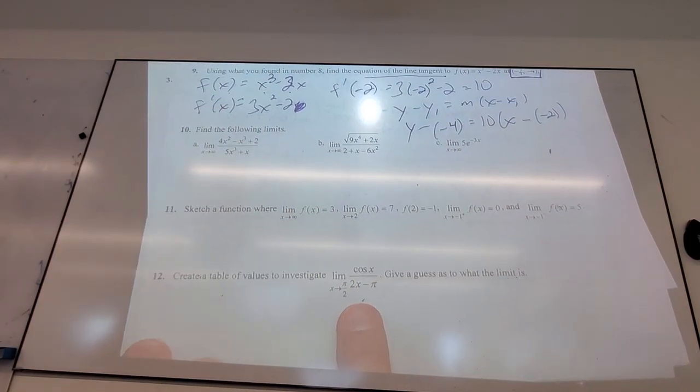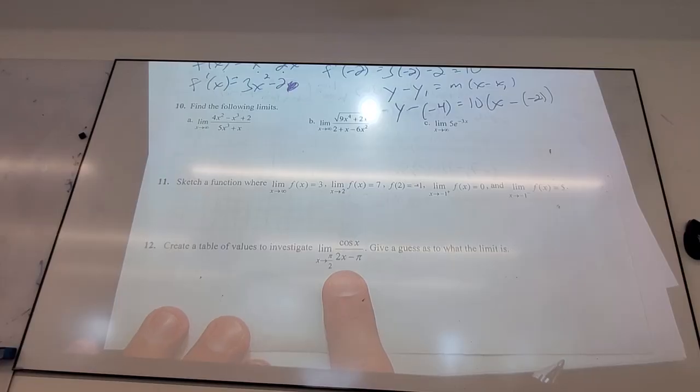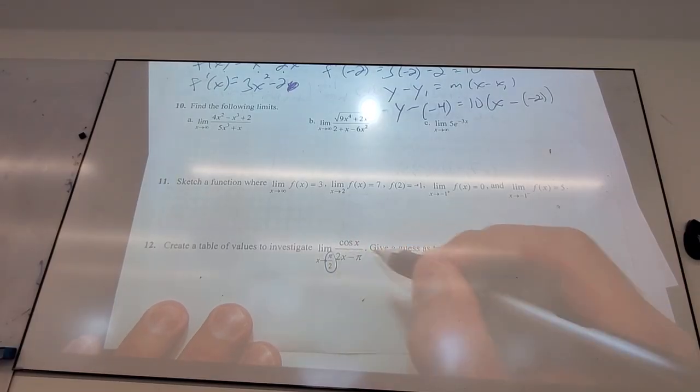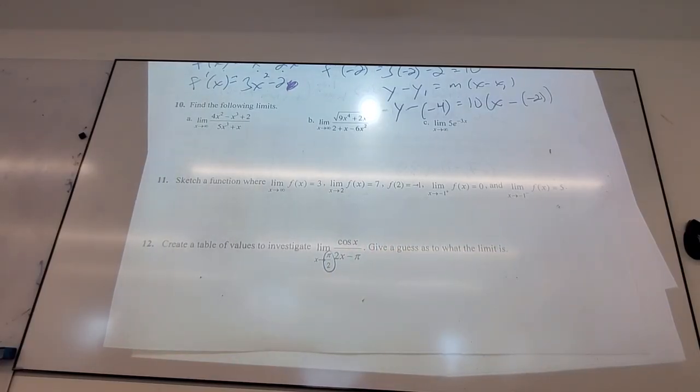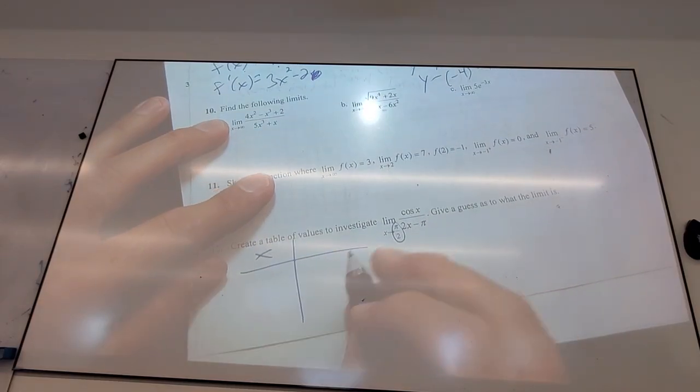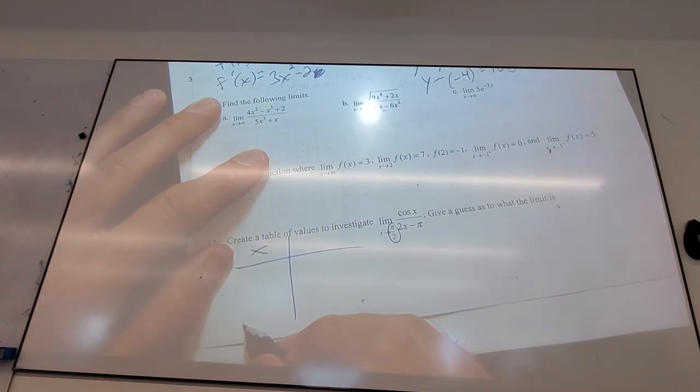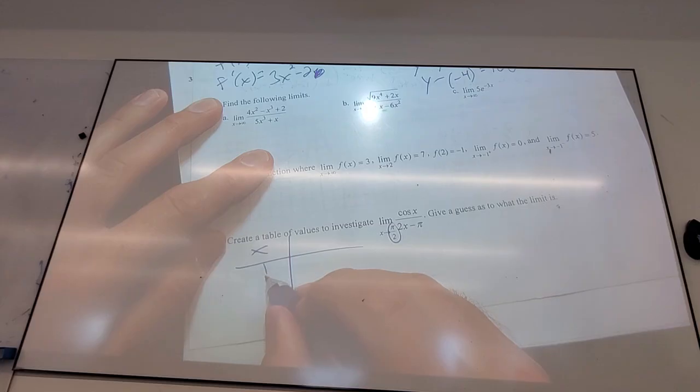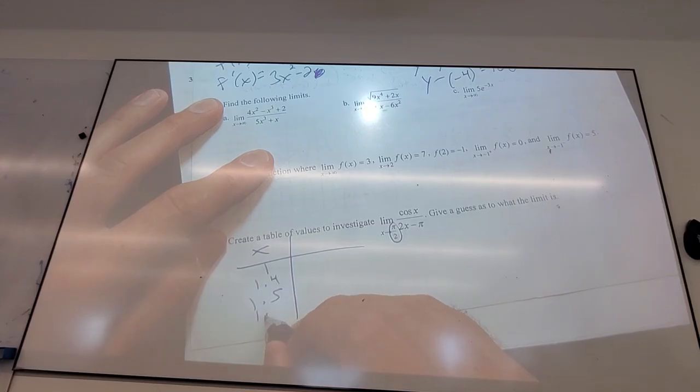So when you go to make a table of values for this, you want to estimate what this is. Yeah, 1.57 roughly. So then your inputs could look like, I want to approach 1.57, right? So I can go 1, 1.4, 1.5, 1.57.